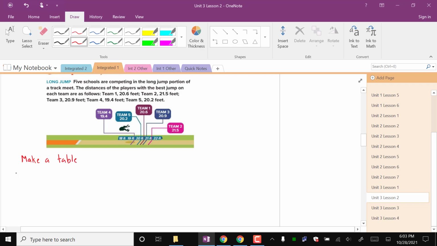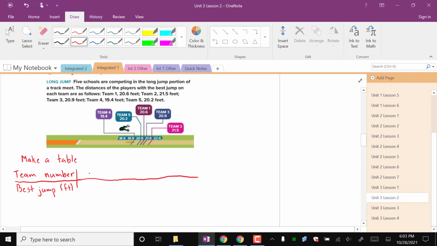So we're going to have our team numbers as our domain or input, and then our range or our output is going to be the best jump. This is our feet, so we'll put feet in parentheses so we know the measurement.